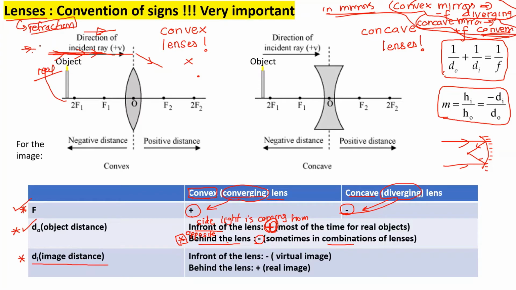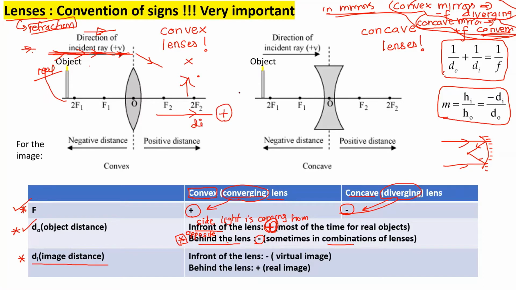Refraction is light going from this side through the lens to this side. So if refraction actually occurs and it makes an image, it should make the image on this side, right? If light actually goes to this side, that means this side is the positive side for DI.